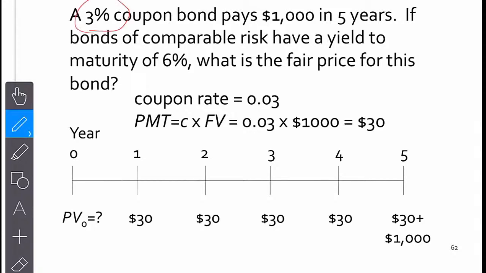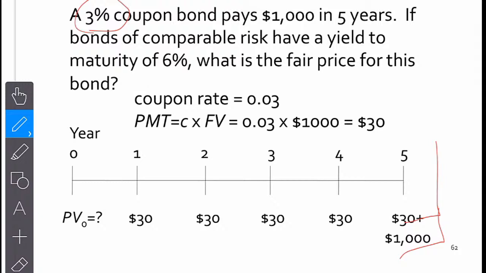So that's less than the yield to maturity. So you're only going to get $30, not the full yield through the coupon payment. So you need to be compensated for that, right? So you're going to have 30, 30, 30, 30, and 30 all the way to the end. That's your annuity piece. And then your lump sum, or your face value, at the end.